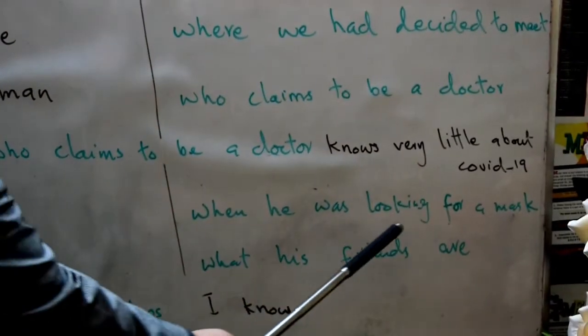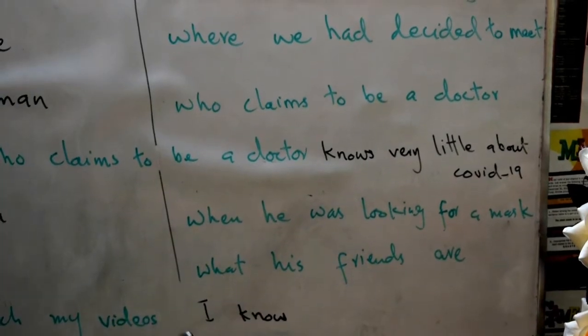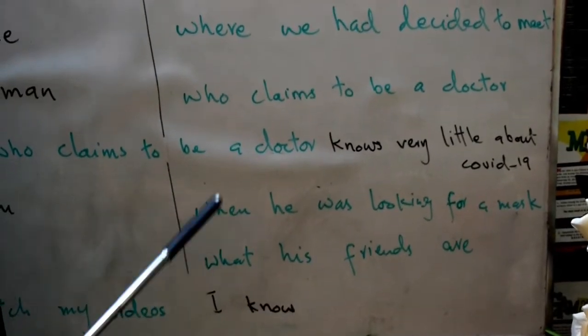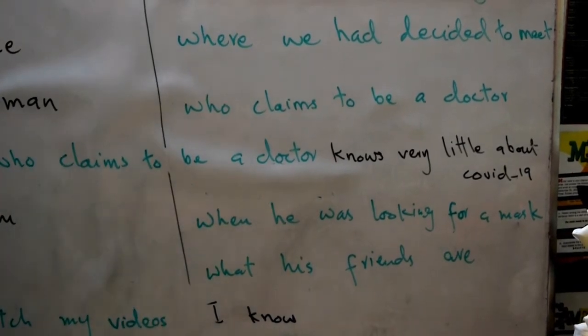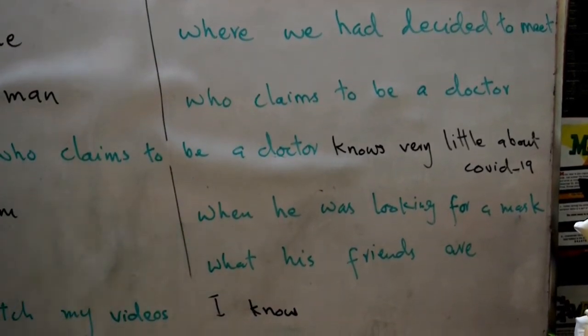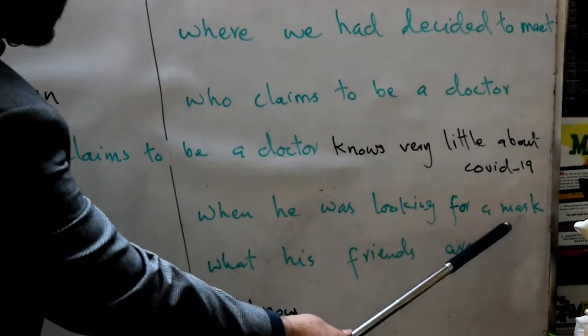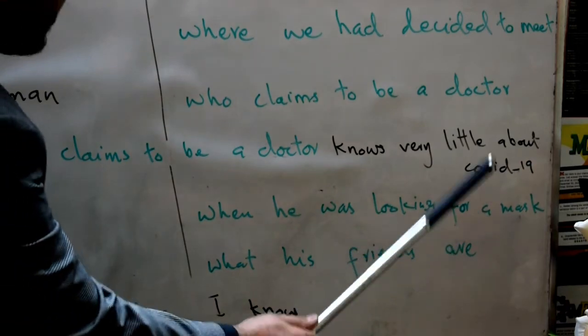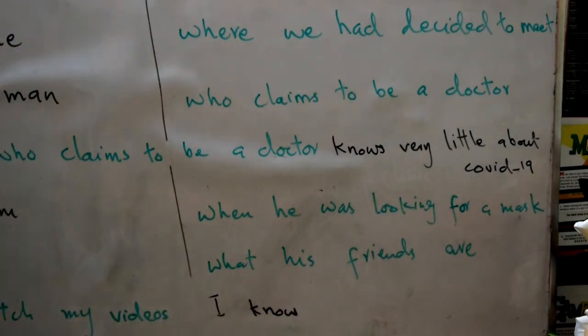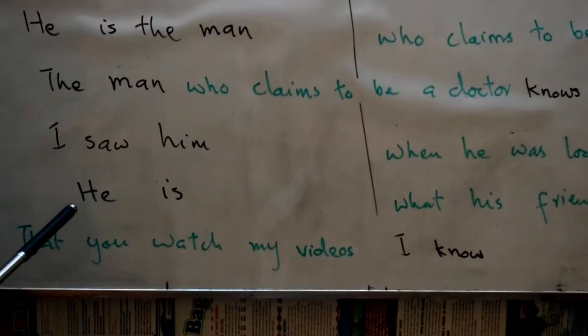When he was looking for a mask. Only this part cannot stand on its own. When did I see him is being told here. When did I see him? When he was looking for a mask. When did I see him? When he was looking for a mask. Understood or not?